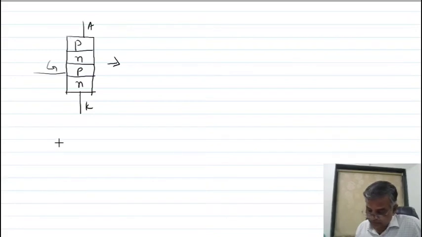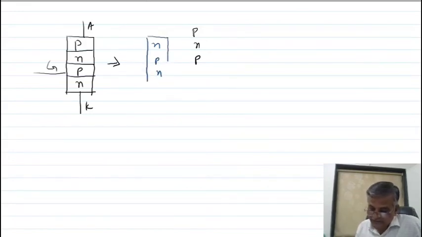This is nothing but a PNP block, and this is an NPN. So I can split the SCR into two transistors connected as shown in the figure.